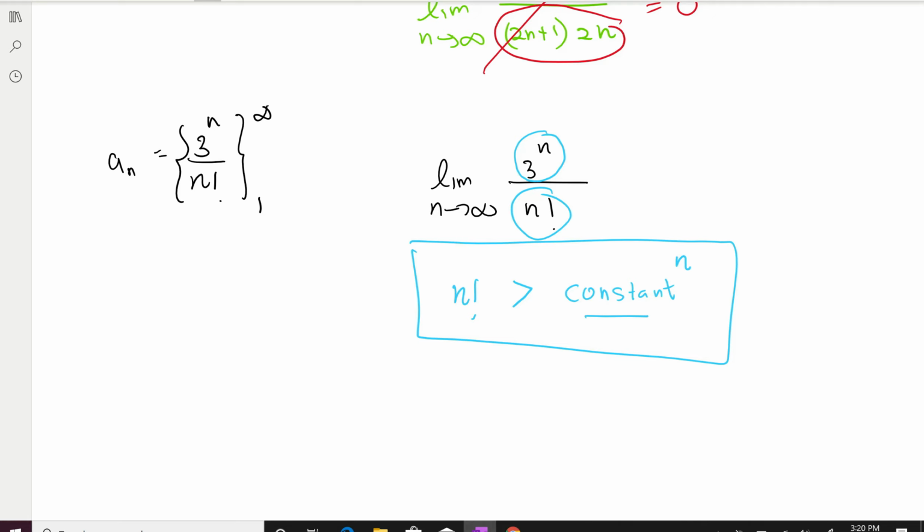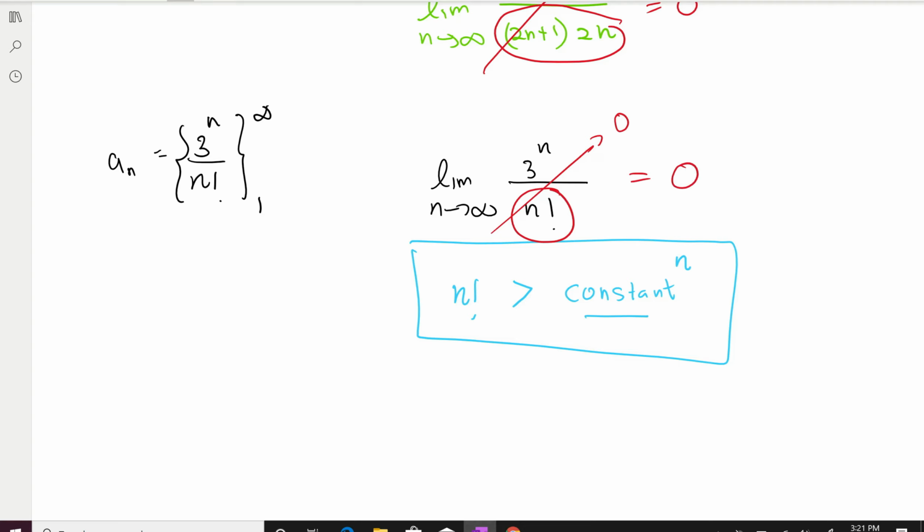That means, what's the limit of this sequence? Now this means n factorial grows really large, so the denominator grows comparably faster than 3 to the n. So the entire fraction goes to 0. So the limit will be 0.